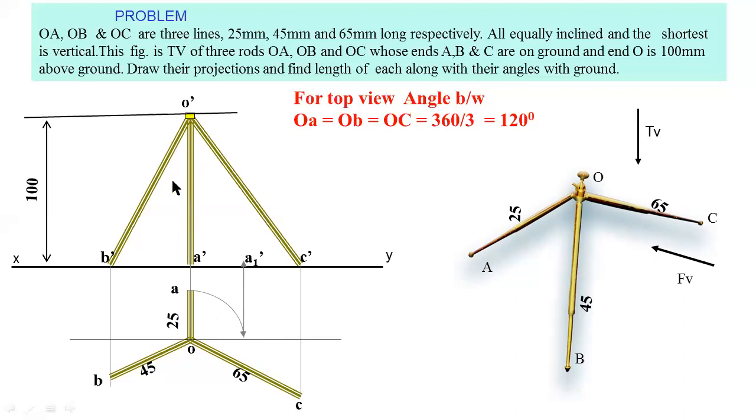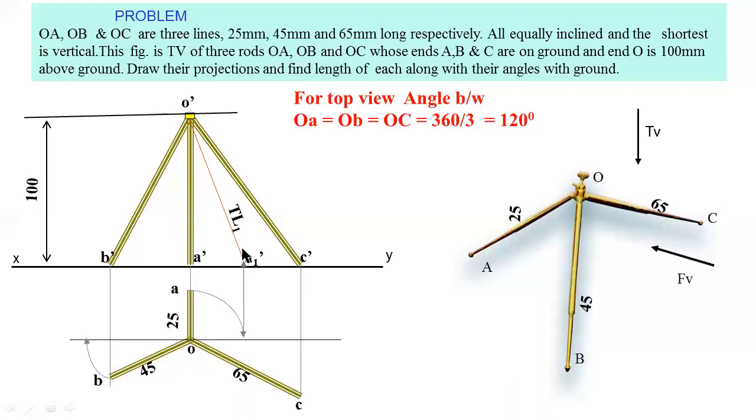For finding the true length of OA, you have to join the points O dash A1 dash. So here O dash A1 dash is the true length of the line O dash A dash. This is the true length of bar OA. Now then you have to find the inclination here.